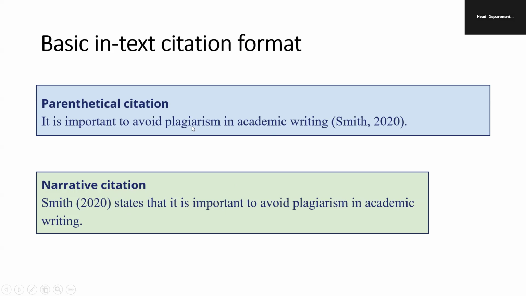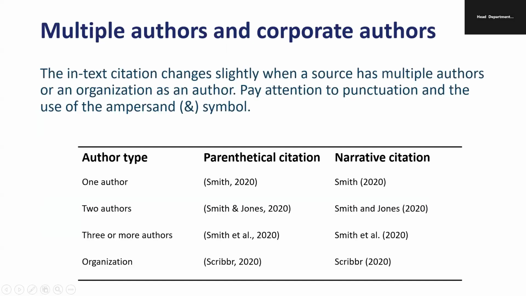Right. Then if we want to emphasize the statement, we use the parenthetical citation model. If we need to emphasize the researcher or the author, then we use narrative citations. Then let's look at how we put citations in the body of the text if we have two or more authors.